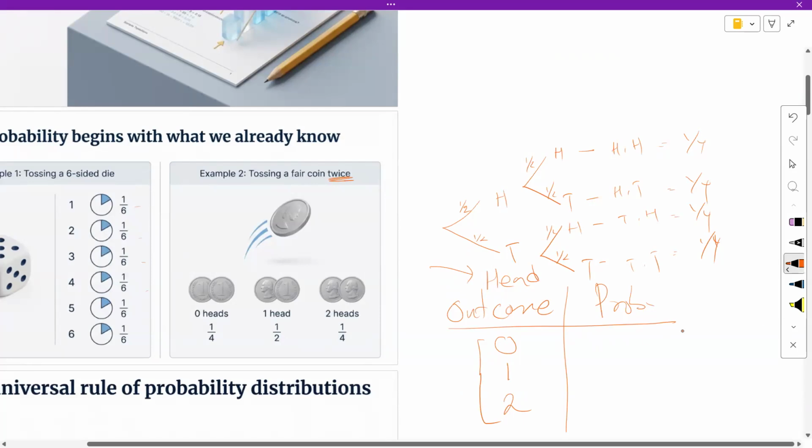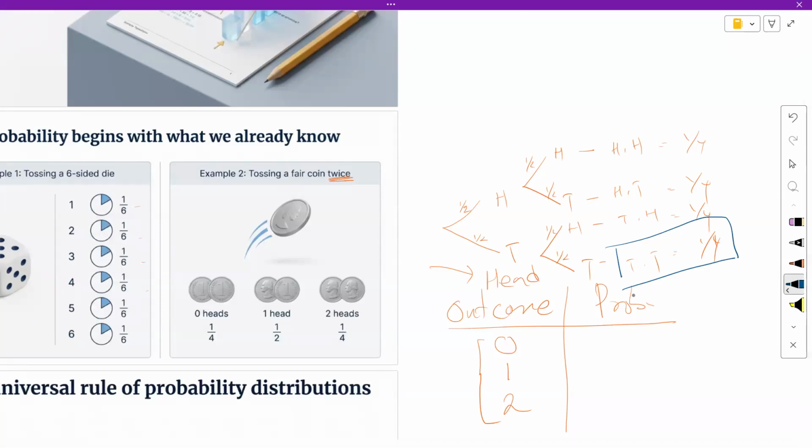What's the probability of obtaining 0 heads, with no head? Where is it? Here, in this outcome we have no head. So 0 heads, the probability is 1/4.